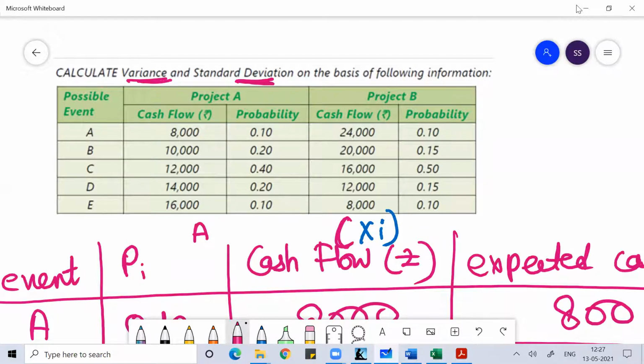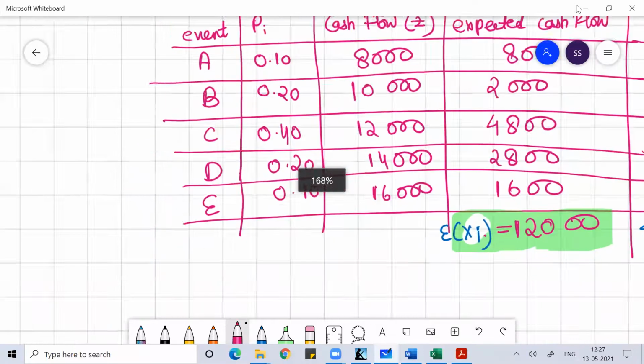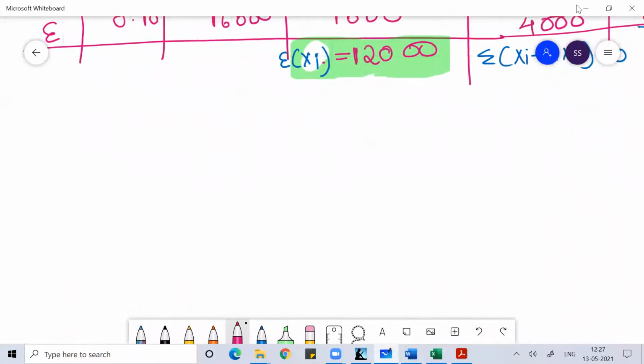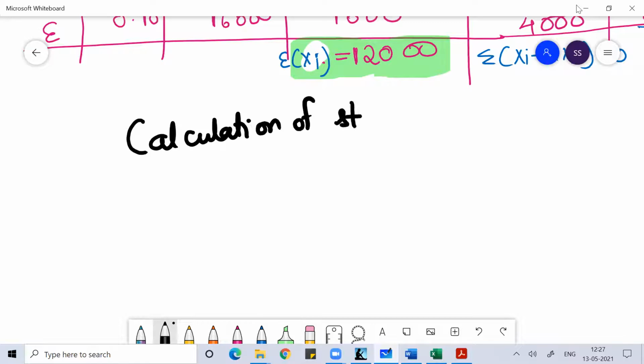So now I'll go down and write for project B: calculation of standard deviation for project B. The same thing you'll study in portfolio management also. Similar kinds of problems you'll see there.